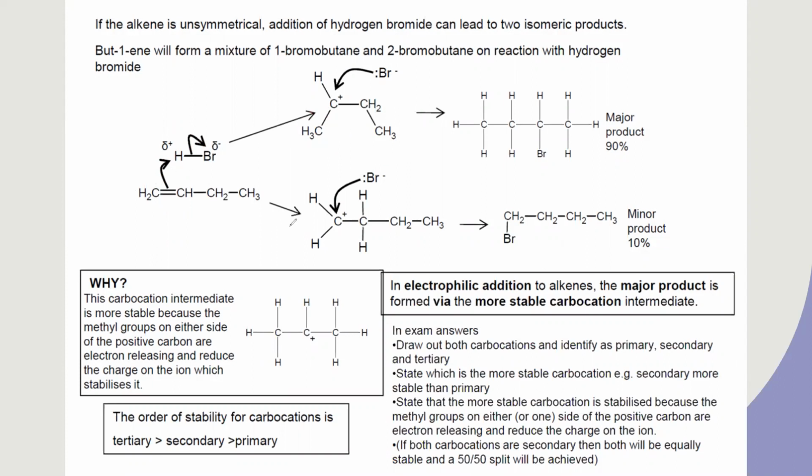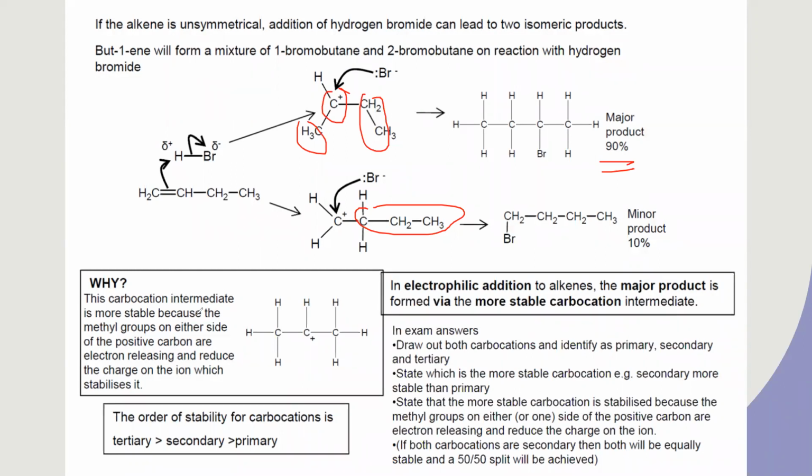And if the first one has it, then it is only surrounded by one alkyl chain. So the carbon cation surrounded by more alkyl groups is more stable. That's why the major product will be 2-bromobutane as compared to the minor product, which is 1-bromobutane.